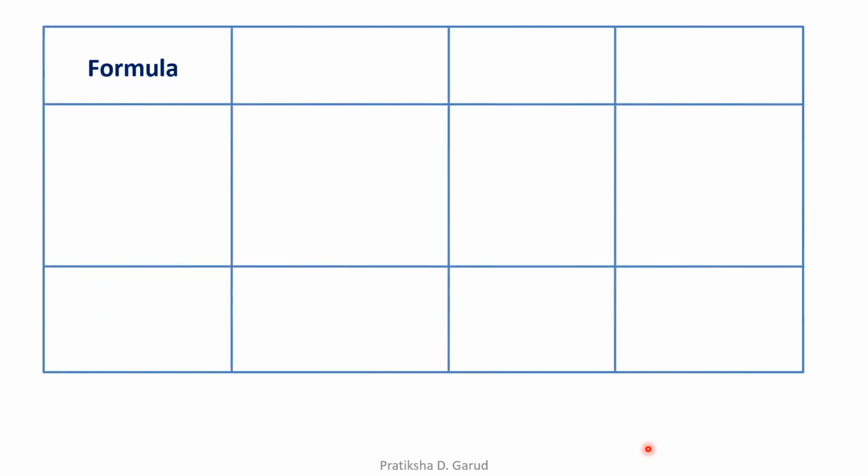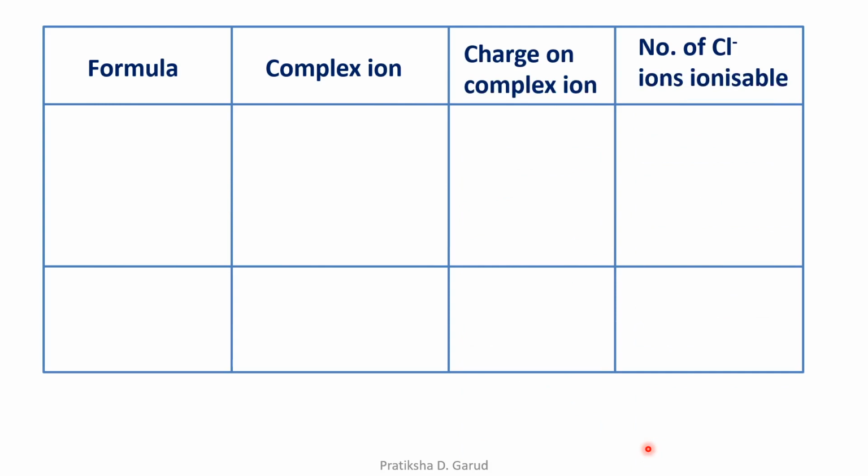So let's have a table. In the table we have the formula, the complex ion, the charge on the complex ion, and finally the number of Cl- ions ionizable. Let's take the formula [Pt(NH3)4]Cl2. The complex ion will be [Pt(NH3)4]2+, right?